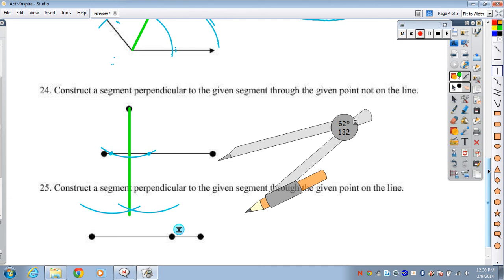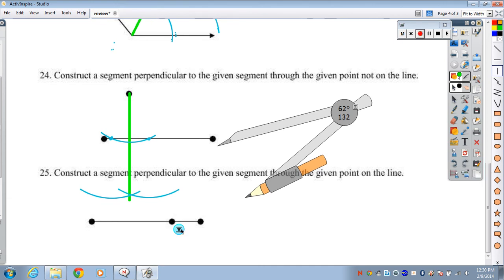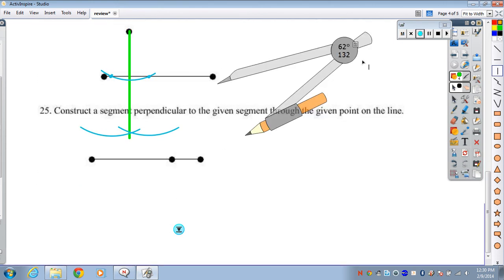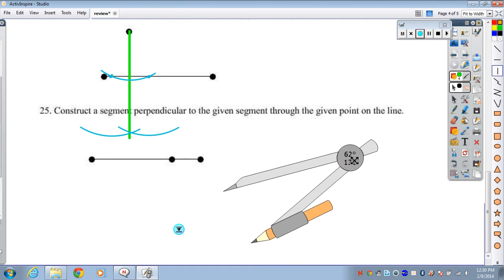All right, next one, last one. Construct a segment perpendicular to the given segment through the given point on the line. Almost the exact same thing as this one. You have a point. These 2 points have nothing to do with this.